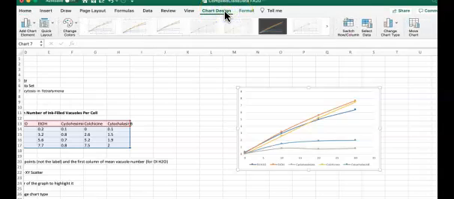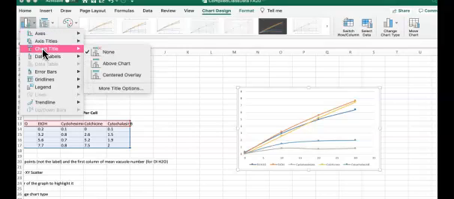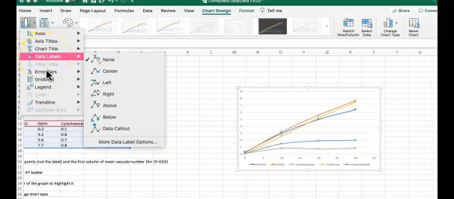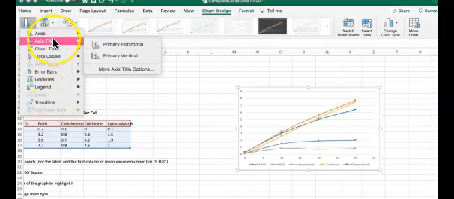If you click on that, way over on the left-hand side, there's something that says Add Chart Element. Go ahead and click on that arrow to see your drop-down menu. And in here, you can put in all different kinds of things. You could add a chart title if you wanted to. You could label data. You could add error bars. You can add trend lines, all different kinds of things. But we just want to title our axes.